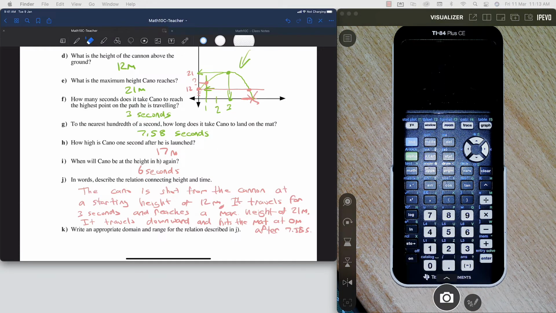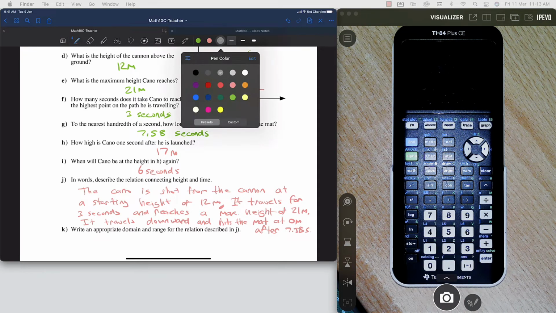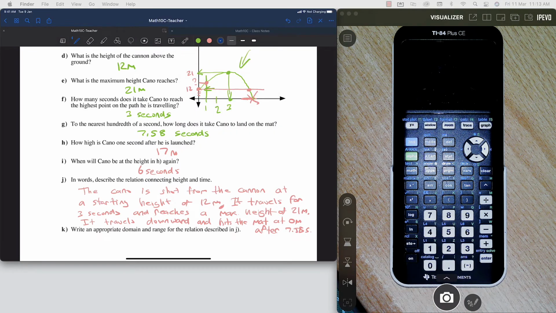In words, describe the relation connecting height and time. I just wrote that down so you didn't have to watch me write it all out for you, but this is basically explaining this graph right here. It says the cannonball is shot from a starting height of 12 meters. It is projected in an upwards direction, and after 3 seconds at a height of 21 meters, it reaches its apex or its maximum height.